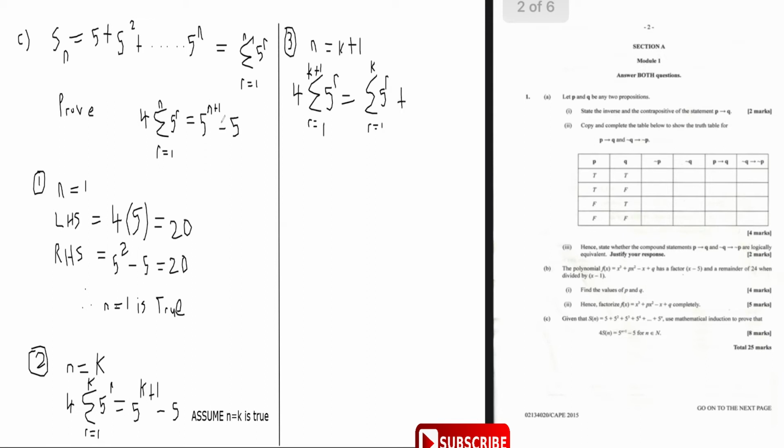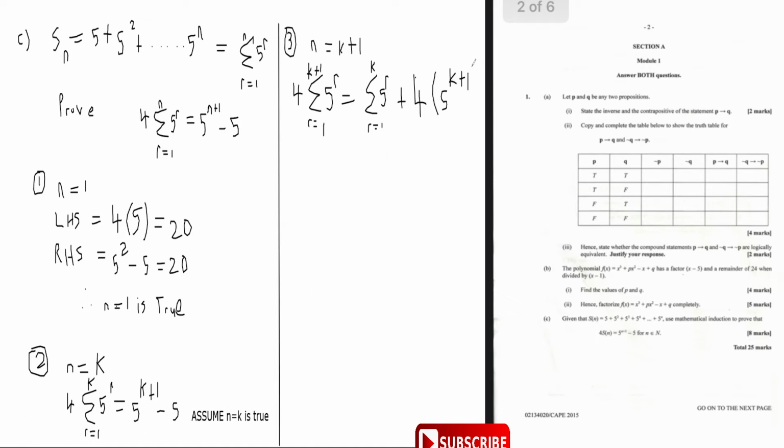The k plus 1th term is going to be you putting k plus 1 over here. So the k plus 1th term is going to be 4 times, putting in k plus 1 here, 5 to the k plus 1. That's the k plus 1th term.